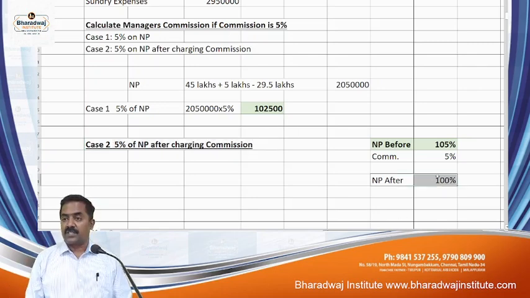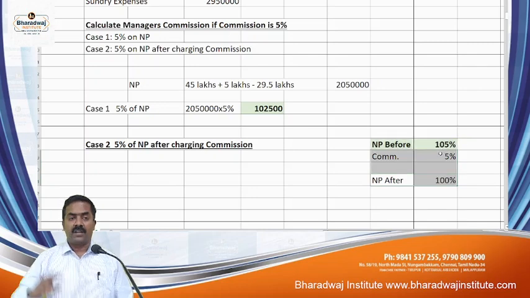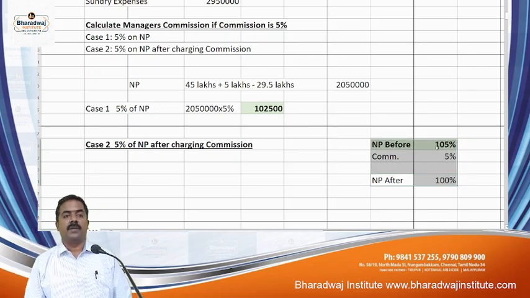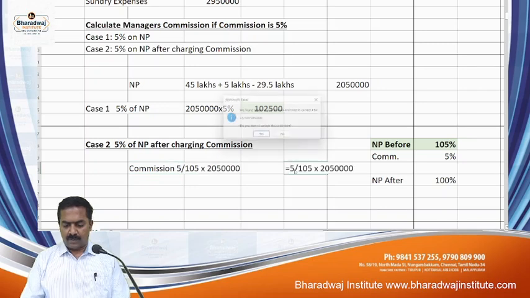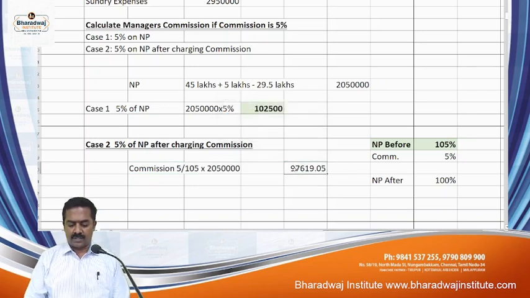If net profit after charging is 100, and commission is 5, before paying the commission what would have been the net profit? 105. So commission will be 5 by 105 into 20 lakh 50,000. This is the commission.